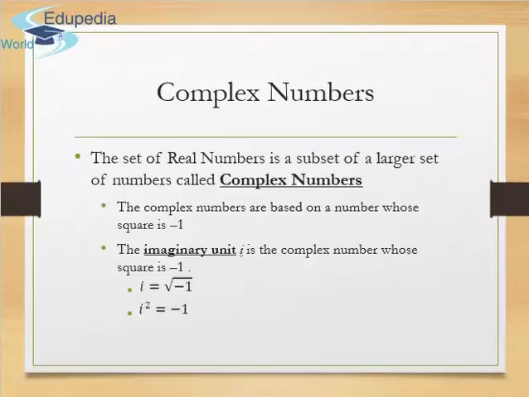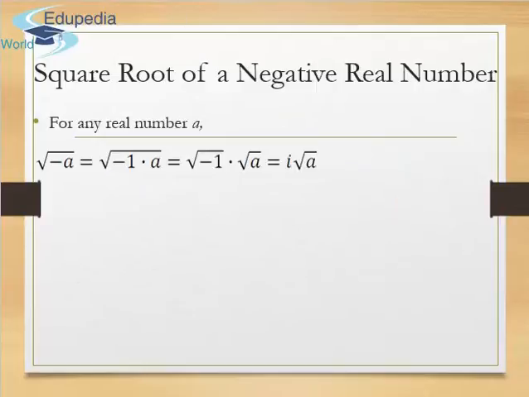So all we are doing over here is breaking it down and writing it as i. Once you're done with that, this will remain the square root of a, and you have your answer over here. If a is a perfect square, let's just say if a is 16, it will be 4i.